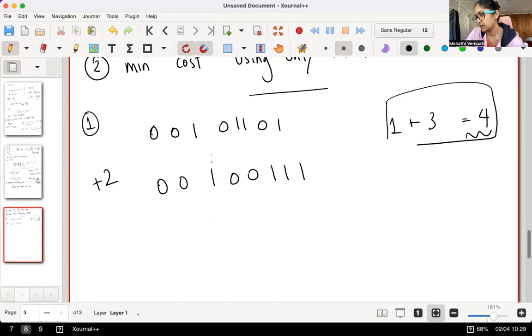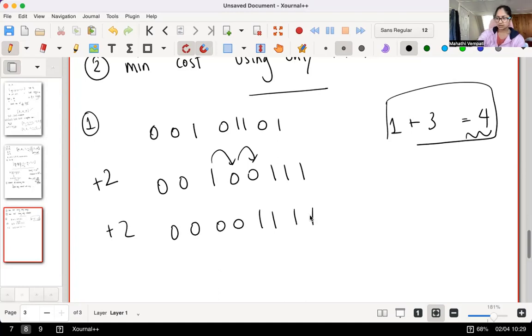And let me make two more swaps: 0, 0, 0, 0, 1, 1, 1, 1. I think that is true. I'll think about why later. I'll assume that's true for now, or maybe I'll try another example.